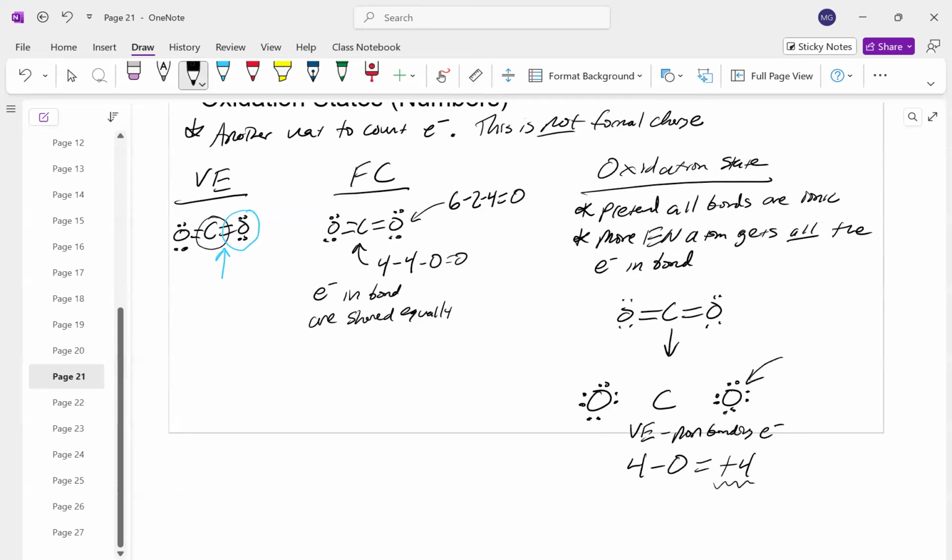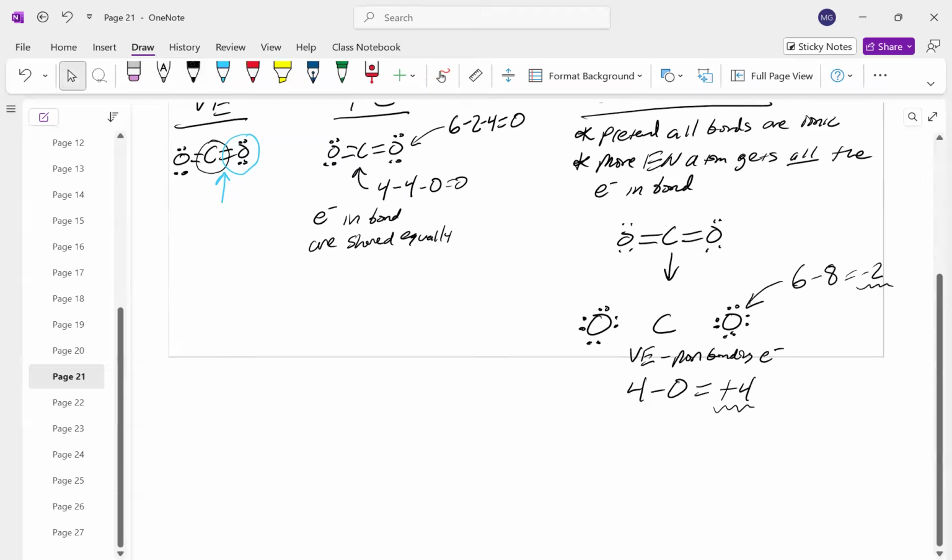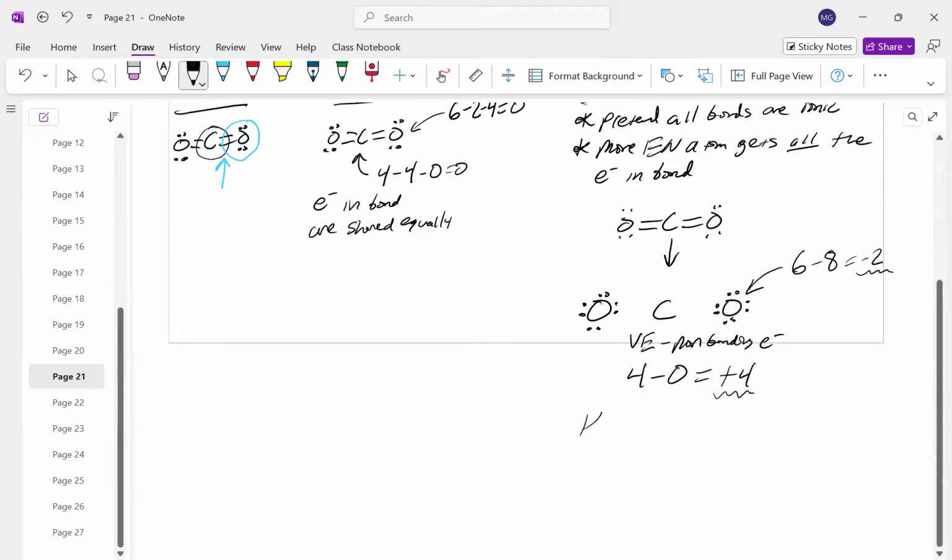And then for oxygen, the atom has 6 valence electrons. That one has 8 non-bonding electrons around it. It has an oxidation state of -2. Basically, what oxidation state allows us to do is help us identify where the electrons are.